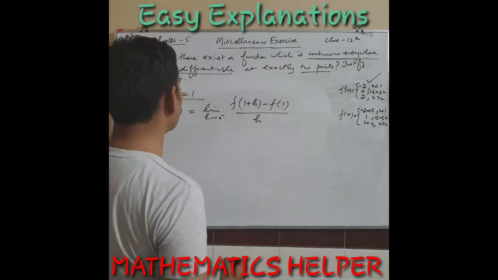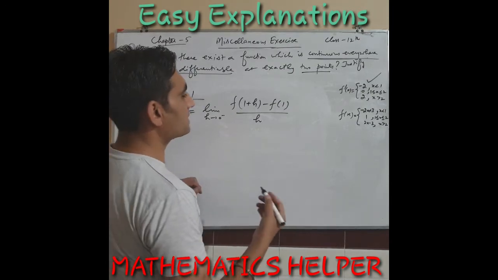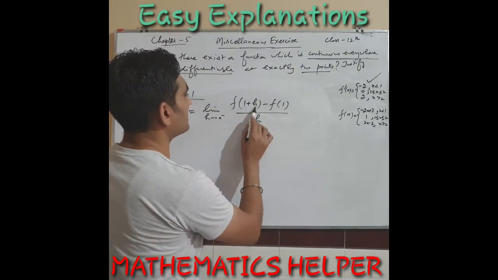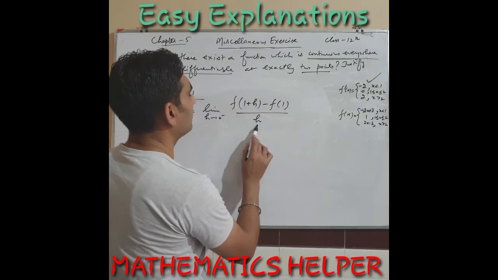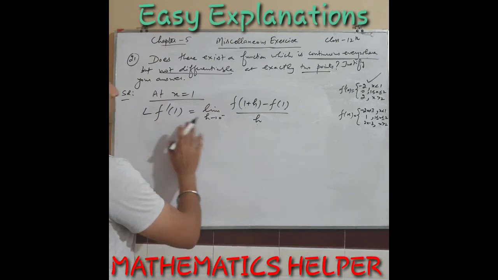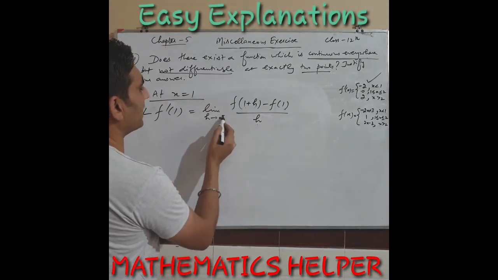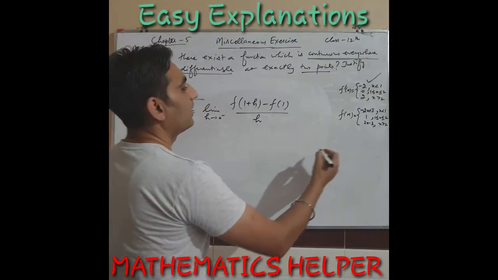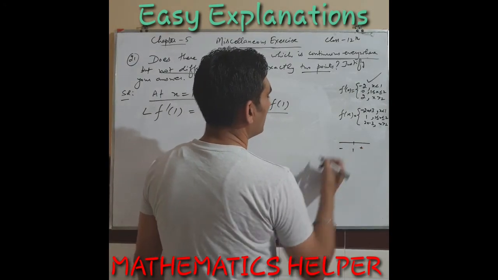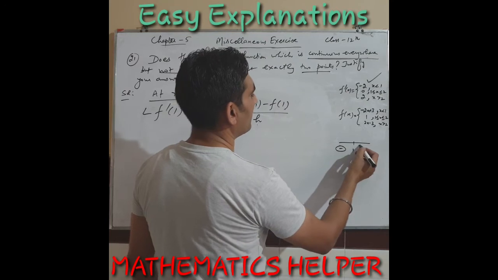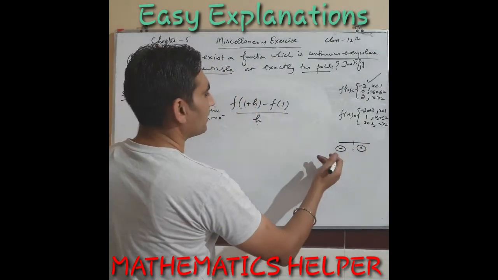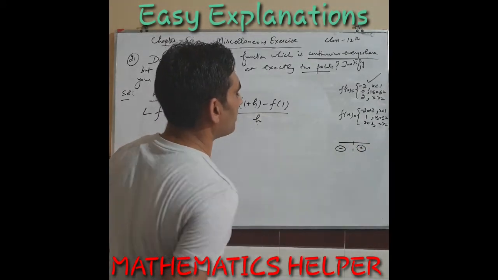Try to remember the first principle definition of derivative given in the last class also: f(x + h) - f(x) over h, as h approaches 0, for the simple derivative. But now we are going to write left and right derivatives. That's why the negative sign represents the left derivative and the positive sign represents the right derivative. The left side of 1 will be with the negative sign, the right side with the positive sign.